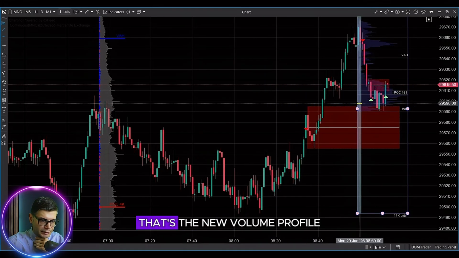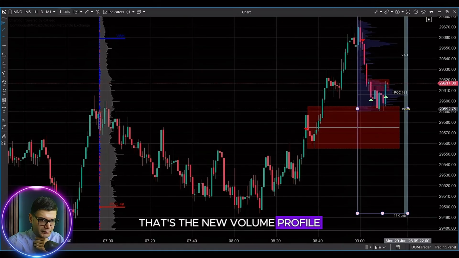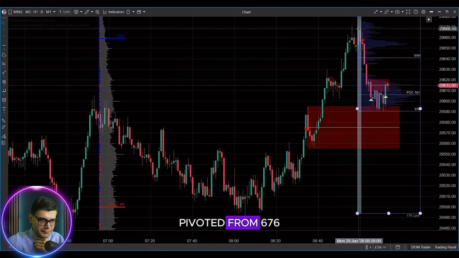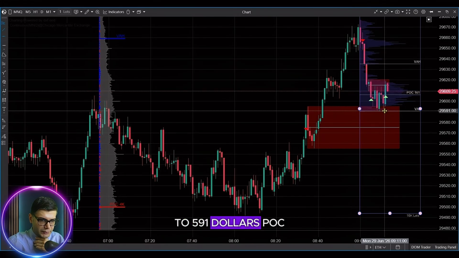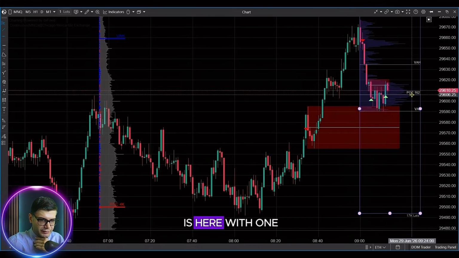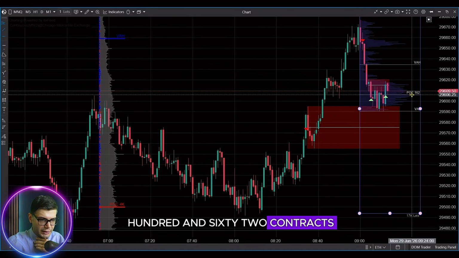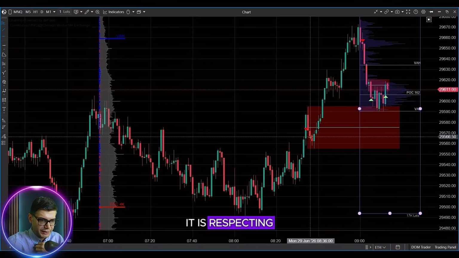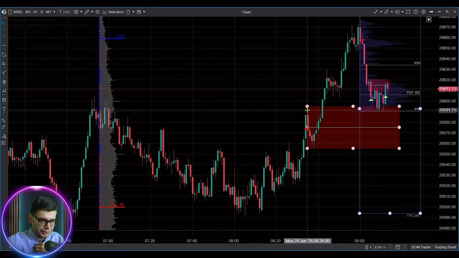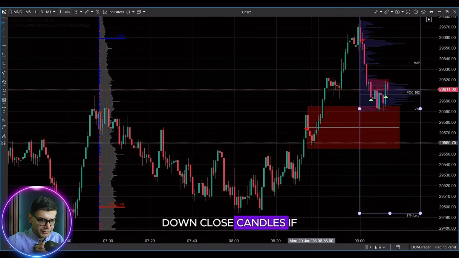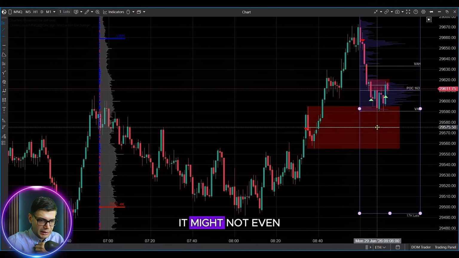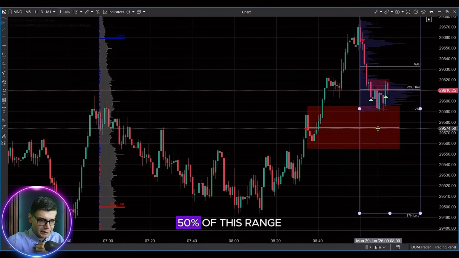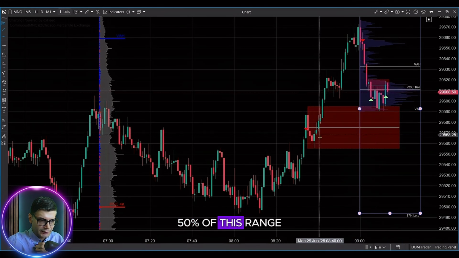Furthermore, that's the new volume profile, pivoted from $676 to $591. POC is here with 162 contracts. It is respecting these down close candles. If I see a close above it, that means it might not even get to 50% of this range.